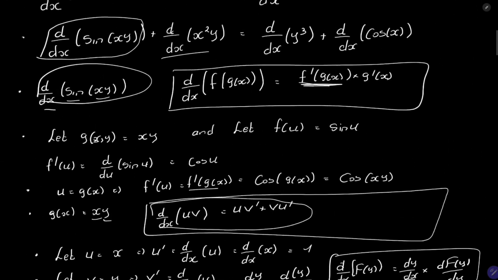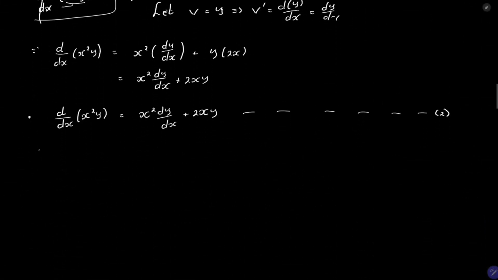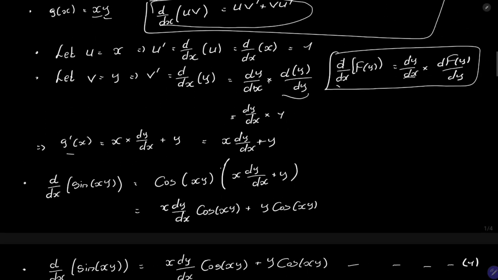Let's move on to our third term. What does our third term ask us to find? In our third term, we are asked to derive with respect to x the term y to the power 3, or y cubed. So let's work on that. The derivative with respect to x of our function y cubed is equal to the derivative of y with respect to x times the derivative of our function, which is in terms of y, with respect to y. This is just an application of this formula, which was well stated and well explained in the previous video.